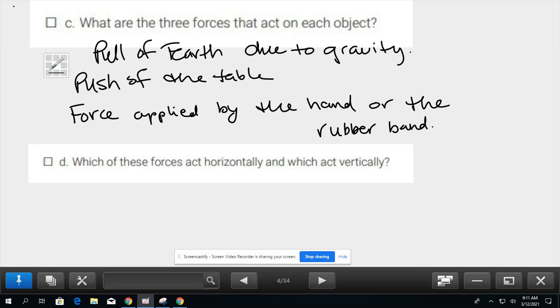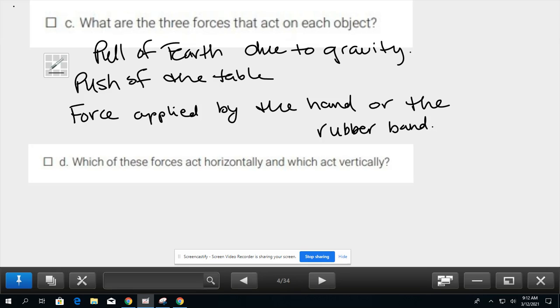Okay, so in these two examples, both are influenced by gravity, both are being pushed by the table, and both have an applied force. That applied force is coming from a hand or it's coming from the rubber band. The next question says, which of these forces act horizontally and which act vertically?